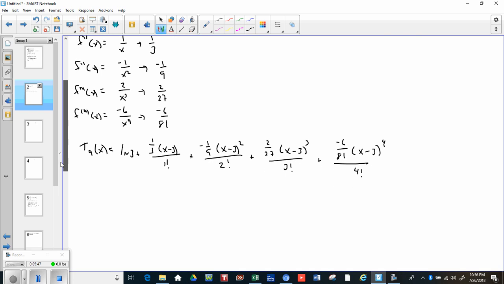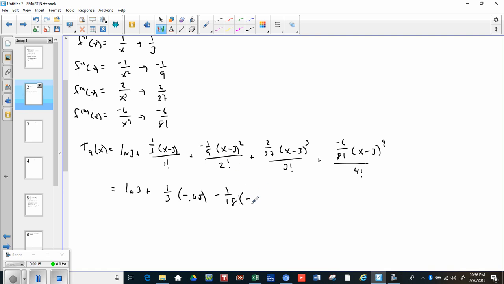So when we go ahead and work this out, we get the natural log of 3 plus 1/3. I'm just going to simplify as we go. 2.95 minus 3 here is going to be negative 0.05. This is going to be minus a ninth divided by 2, so that's minus 1/18.